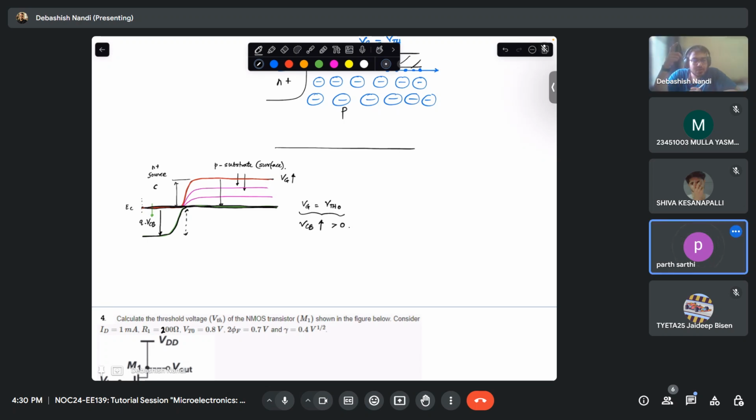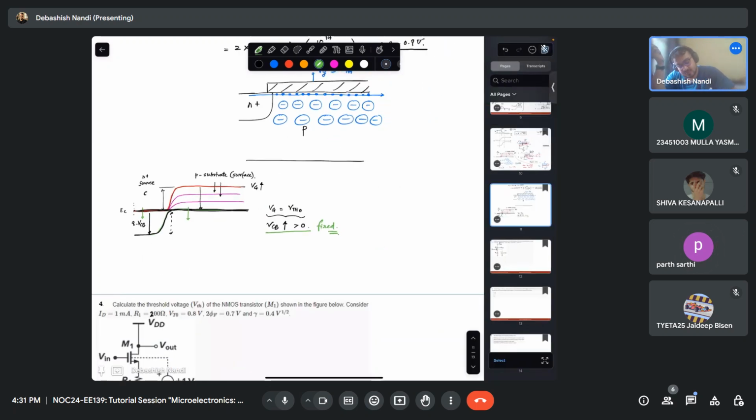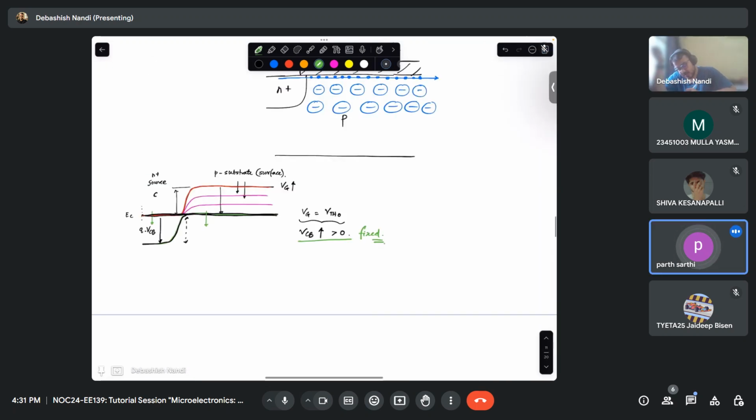Now to reduce this barrier, what do you need to do? Let us say that this is fixed. But you need to reduce the barrier. You want to restore the same level of inversion. What can you do? You already have doping, and you have an easier control, right?